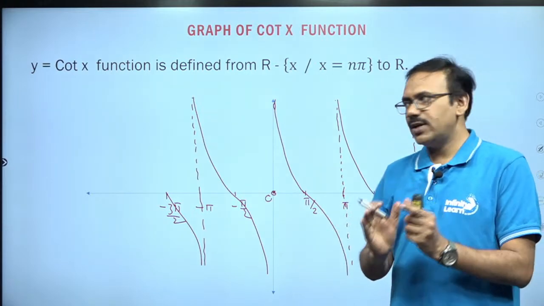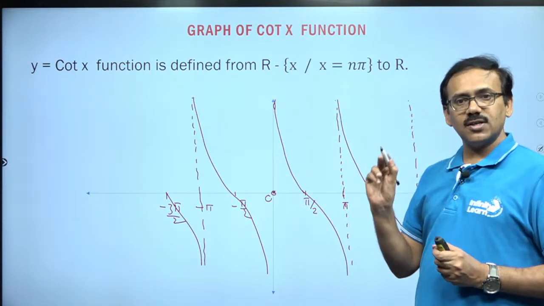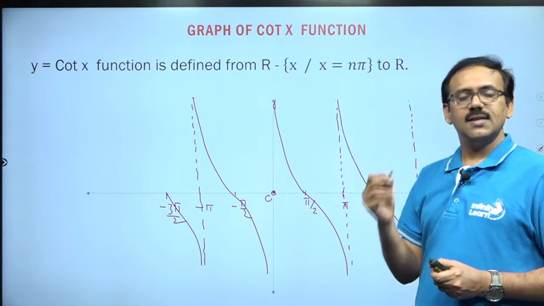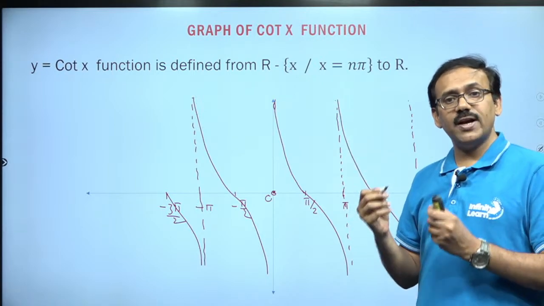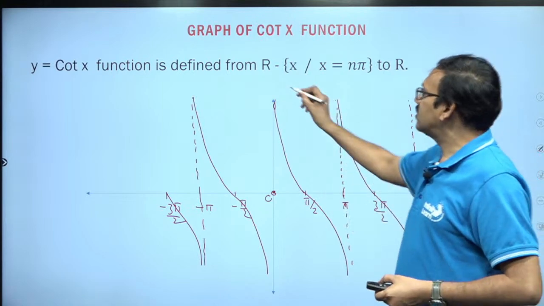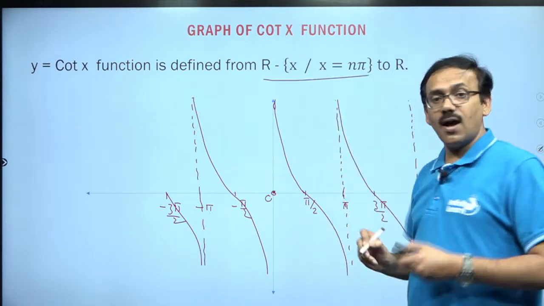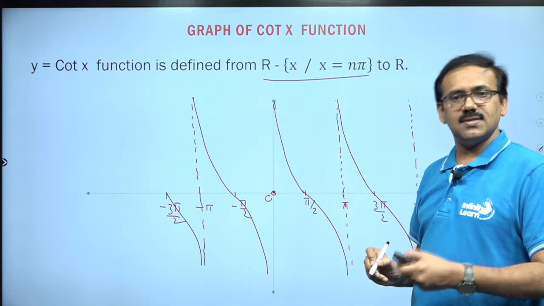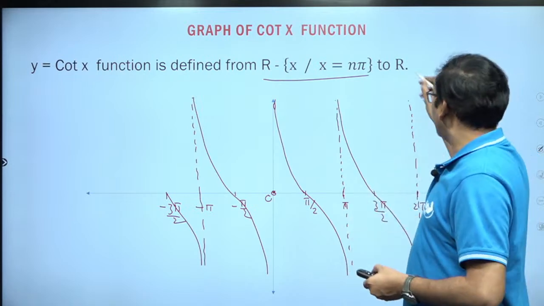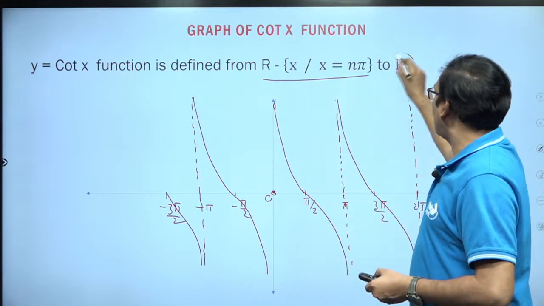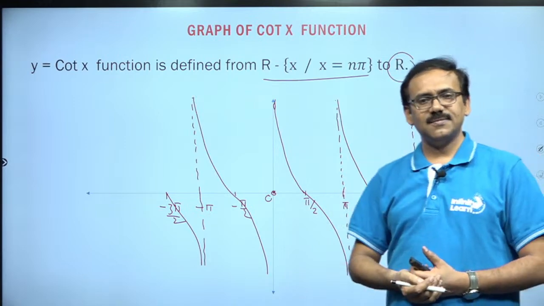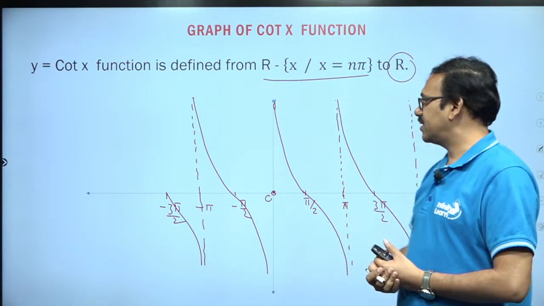Simply observe the domain. Cot x function means cos x by sin x. Sin x becomes 0 at n pi. So, you just take the domain as R minus n pi, whereas the range you can see it is R. Point number 2, dear students.